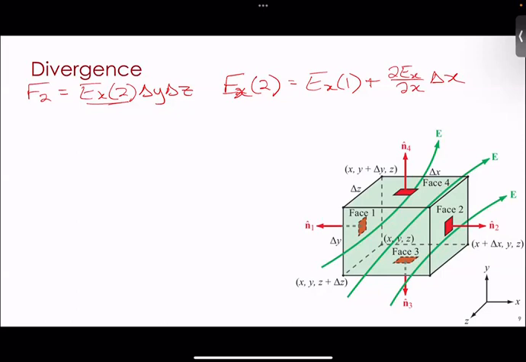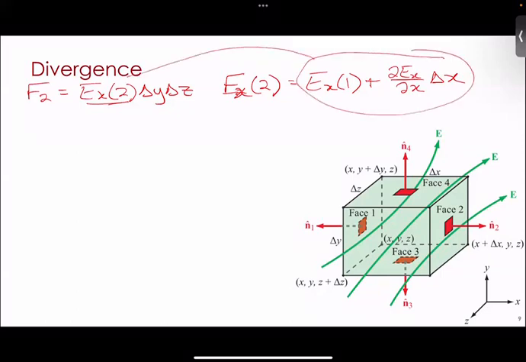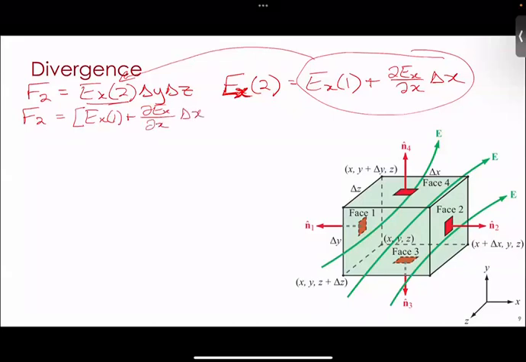Yeah, it looks like a 2, but it's a partial derivative. Sorry about that. Okay, so then we can plug this into there, because this is Ex2. F2 equals Ex1 plus the partial derivative of Ex with respect to x, times delta x, all times delta y delta z. Now let me expand that by multiplying delta y delta z through.